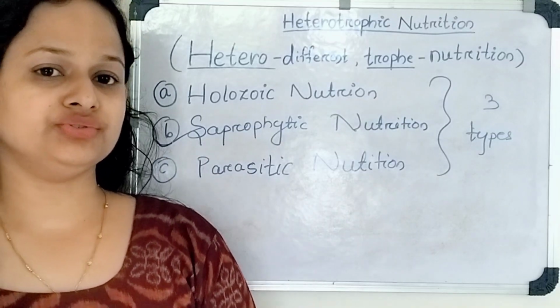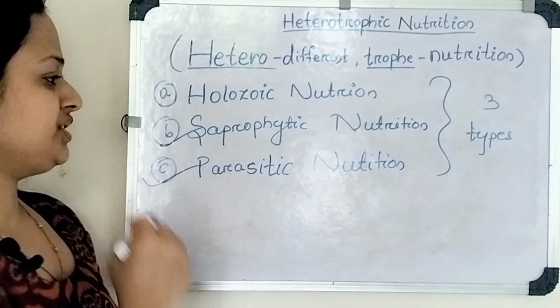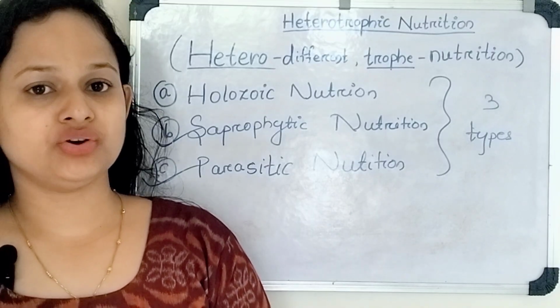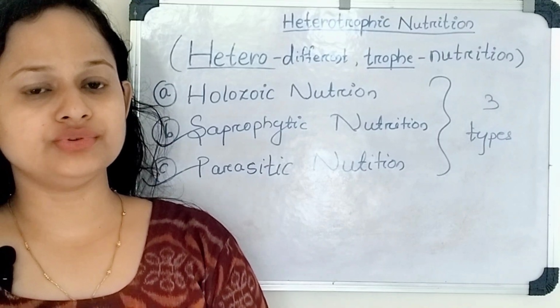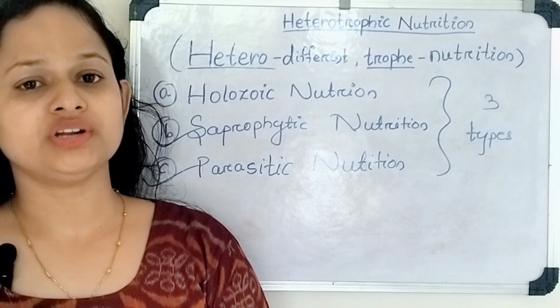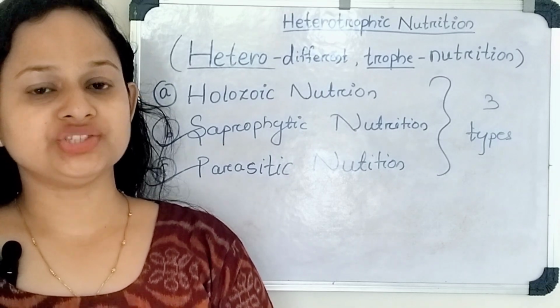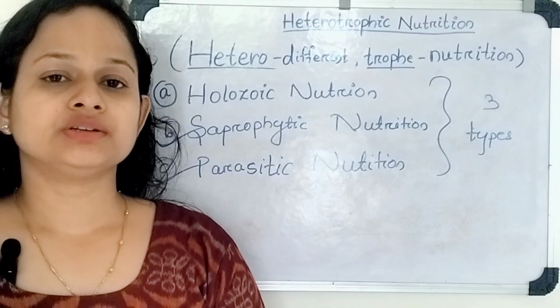So next we come to parasitic nutrition. It is the mode of nutrition in which the organism obtains its food from another plant or animal without killing it, though it may cause harm to the host.